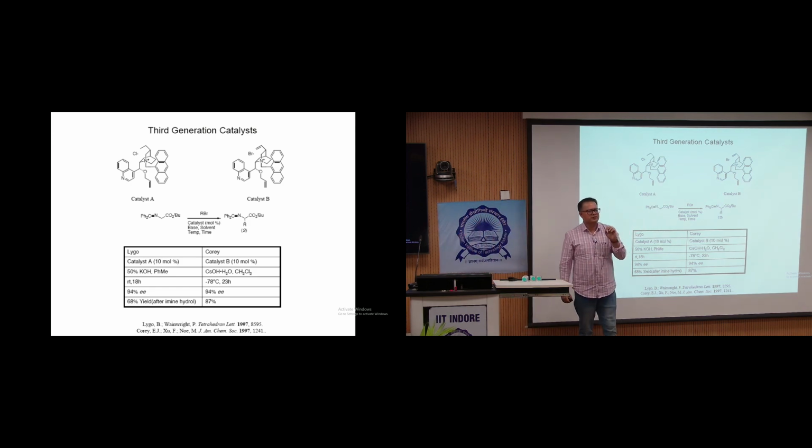Very interesting chemistry. Why did I pick it up? Try to understand. The backbone is the same, but you change the anion. In the first case, the anion is this, in the second case, see, you try to feel the chemistry.